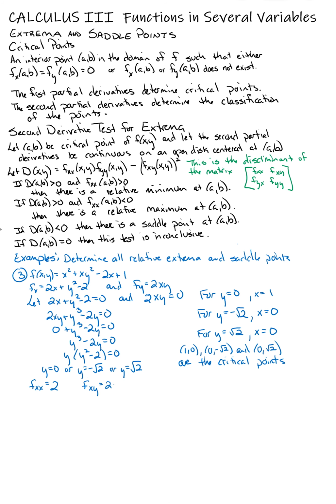That gives us 2y. Now if we look at this one and take the derivative with respect to x, so f sub yx, that gives us 2y. And then looking at that same one, we find the second derivative with respect to y. And that gives us 2x.